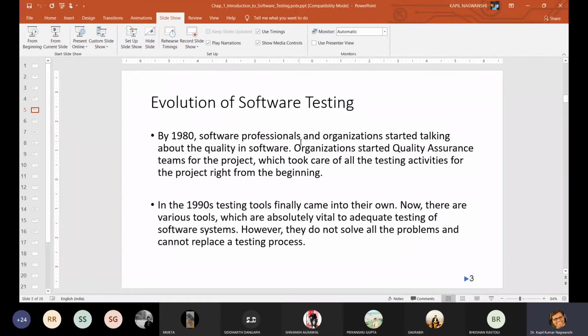So software professionals and organizations started talking about quality in software. Organizations started quality assurance teams for projects, which took care of all testing activities right from the beginning. This is one of the major steps taken by software engineers.